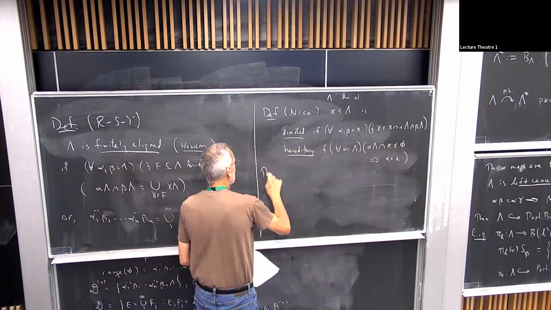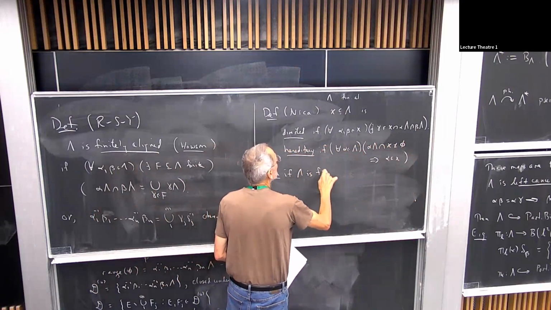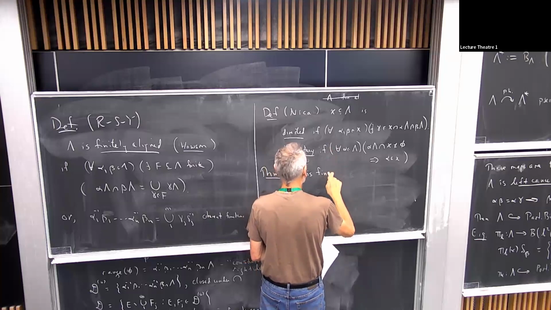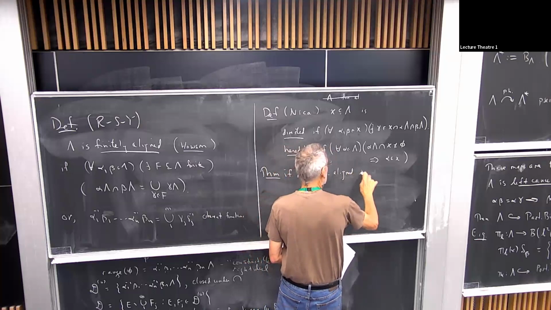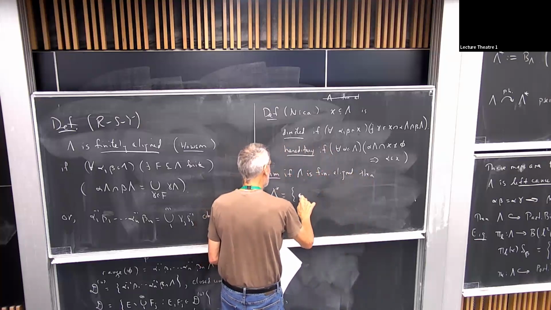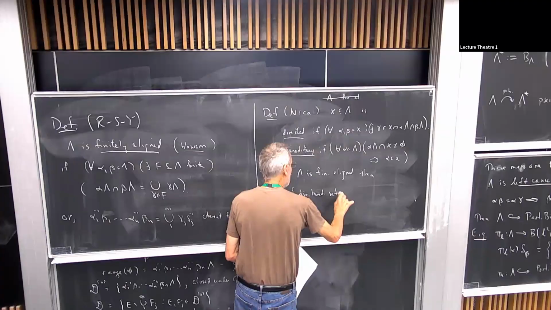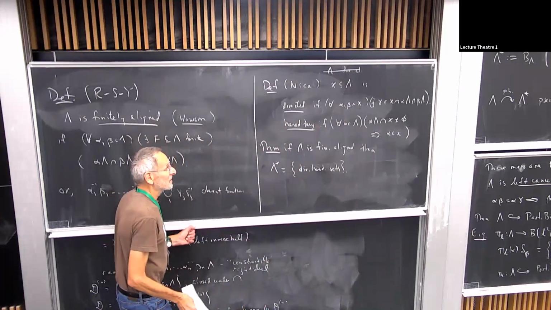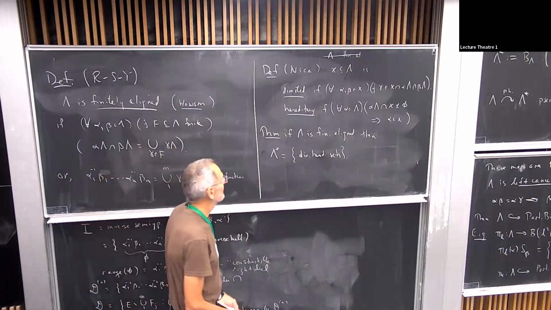And then the theorem is: if lambda is finitely aligned, I guess I don't really need this definition here, I need this assumption, then this space lambda star is exactly the set of all directed hereditary sets. So that's a much more explicit description that you really can identify in specific examples.